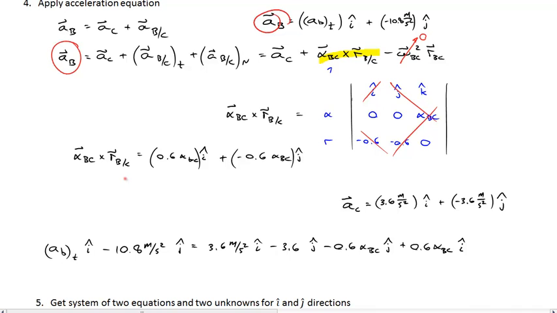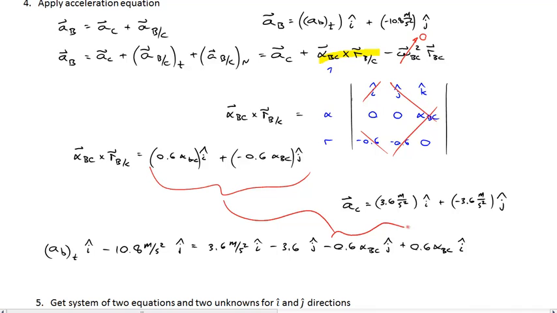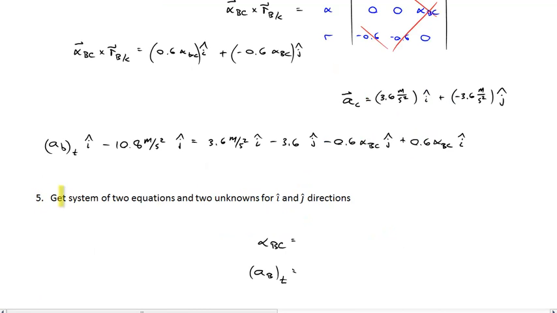I moved the component in for alpha BC into these first two terms, and alpha C is represented by these two terms. So let's get a system of two equations, two unknowns for both directions. Let's deal with the i-hat direction first.